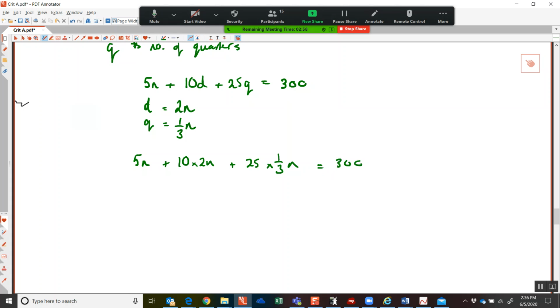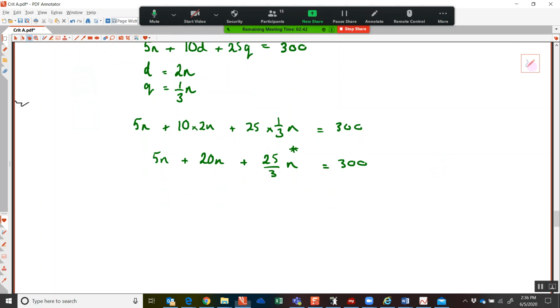Yeah, so what do I get? 5n plus 20n plus 25 over 3n has to equal 300. So this one here, that's the bit that makes it slightly more difficult. So what do you have to do first?